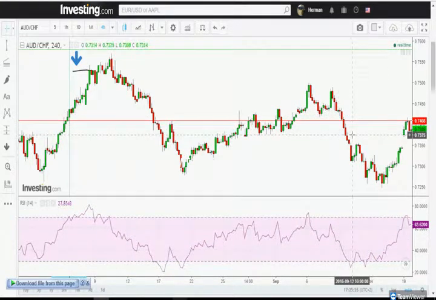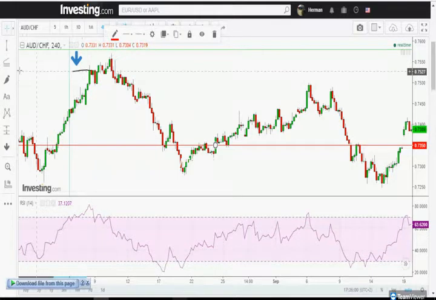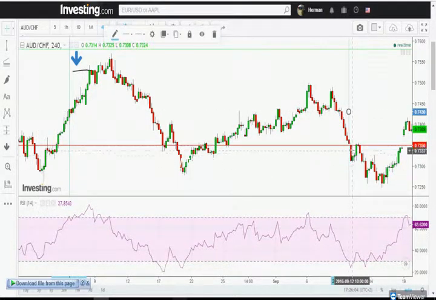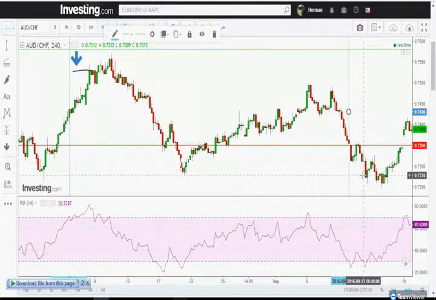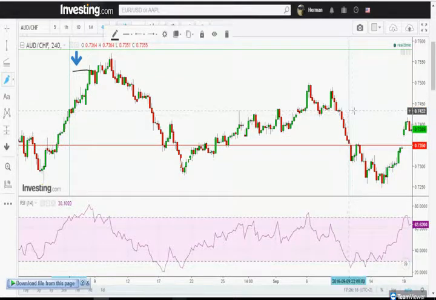So if you check here, the market would have gone about 100 pips against you. No, we would not enter here. We would enter here, because it came down and did a retest.